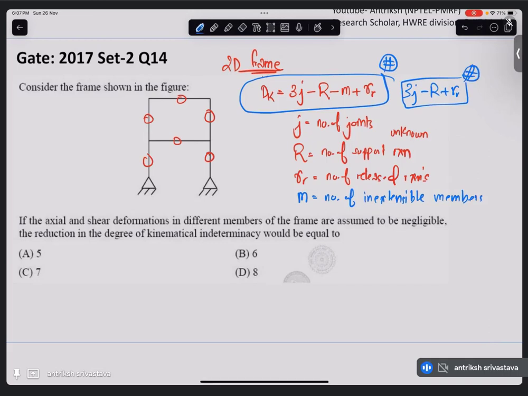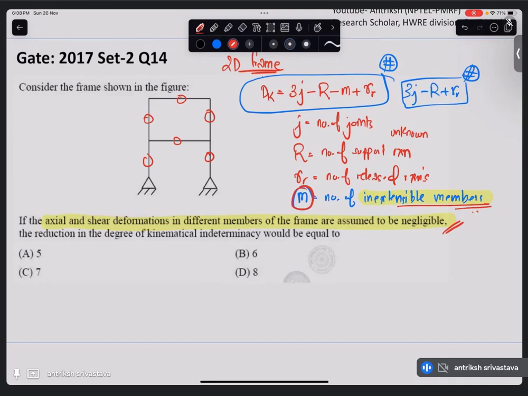But if they mention in the question that the axial and shear deformation in different members is assumed to be negligible, or they mention directly that the members are considered inextensible, in that case, M is going to be the number of members in which there is no axial deformation, or which are considered inextensible.